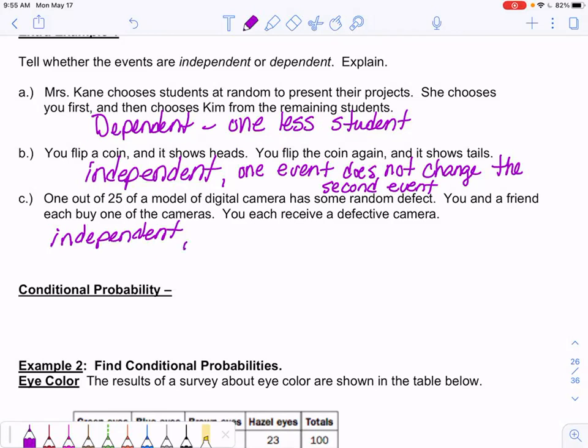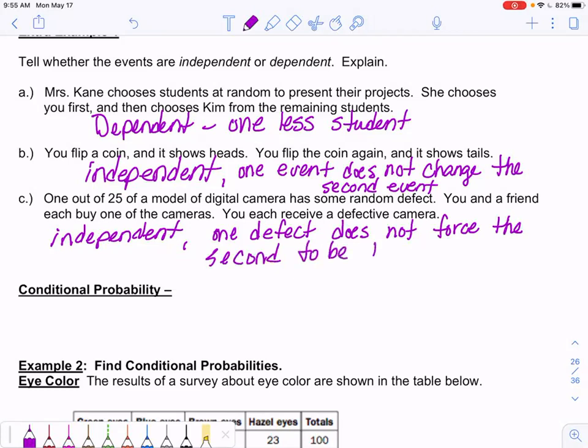I don't know how to write that down. We'll say 1 defect does not force the second to be defective.